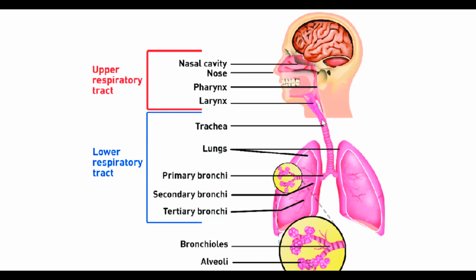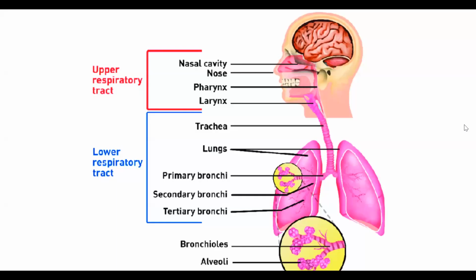Good. So the trachea now, not the esophagus, the trachea specifically splits into two pipes as such, and goes into what we call the left and the right lung, also called the lungs. Good, very important.